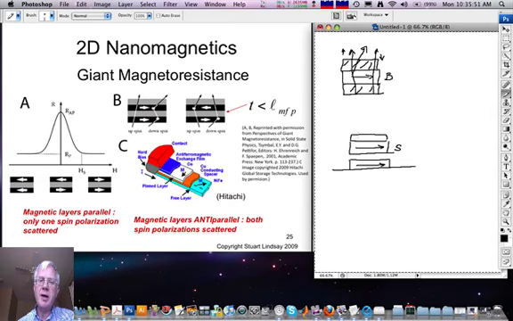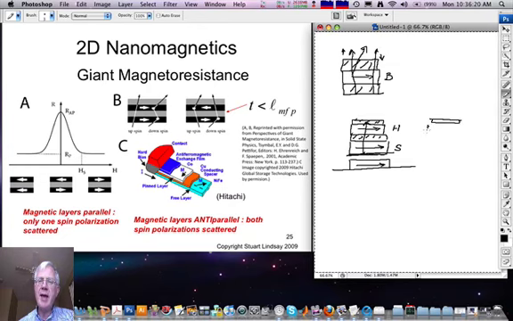So now let's put our thin slab of electronic conductor here, and up here a hard magnetic material that let's say is polarized in this direction. And then let's put a contact down here. The polarization in both sets of magnetic material is the same in this case, and therefore for a current passing through this way, only one spin of electron will be scattered.